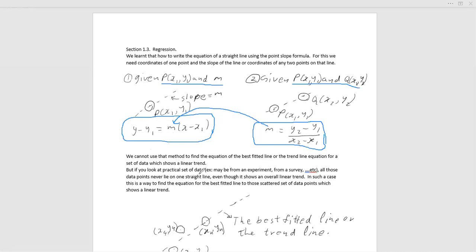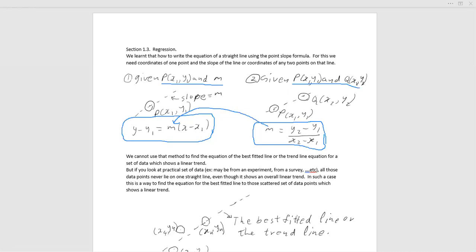The reason is that most practical data sets, for instance data from an experiment in physics, chemistry, engineering, or any science, or from a survey, never stay on one straight line. It is very rare, or it never happens, that all the data points lie on one straight line.